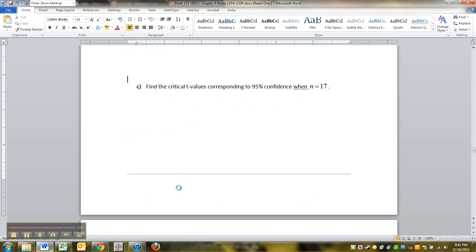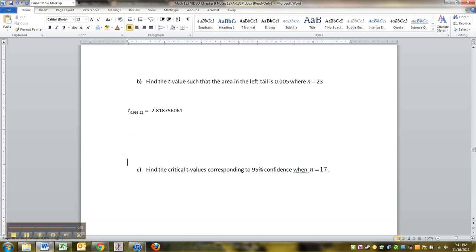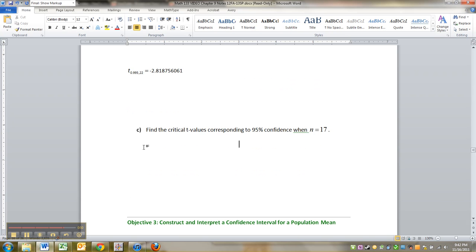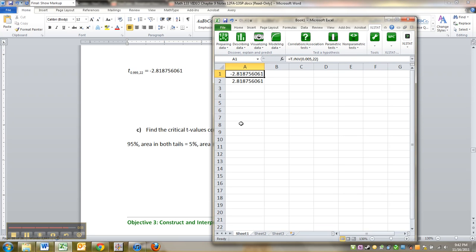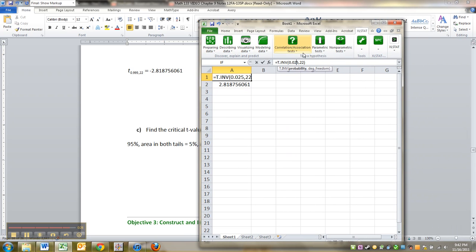All right. Now, what about 95% confidence? How does that work? Well, if it's 95% confidence, what's the area in the two tails? So if it's 95%, the area in both tails equals 5%, which means the area in each tail equals 0.025 or 2.5%. So you just go to T.INV and you type 0.025, and my degrees of freedom on this one is 16 because n was 17.